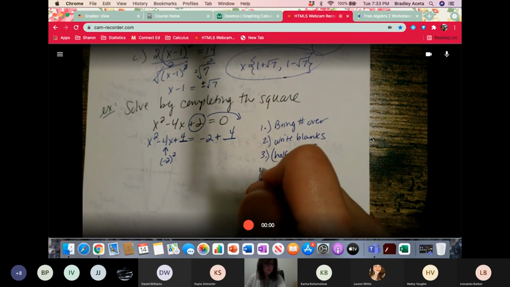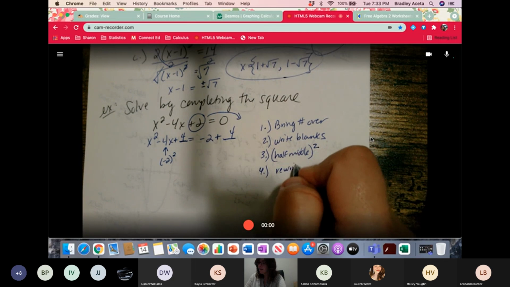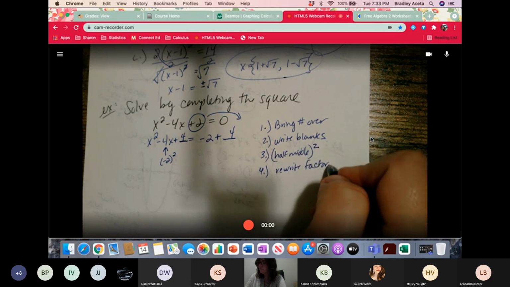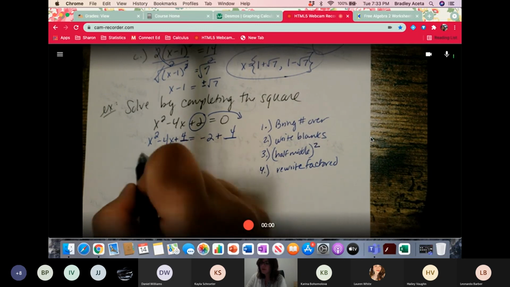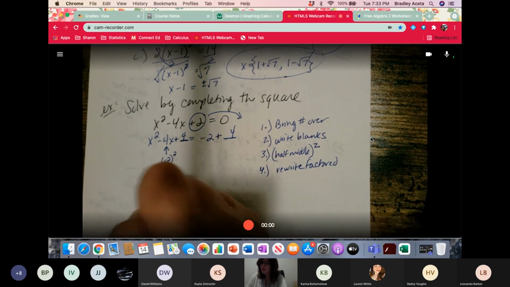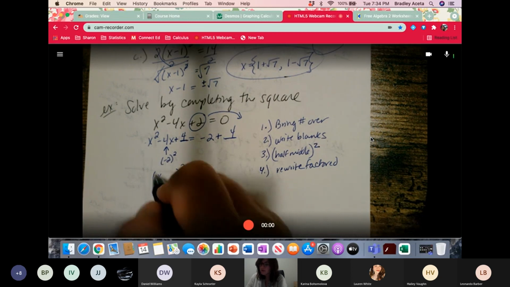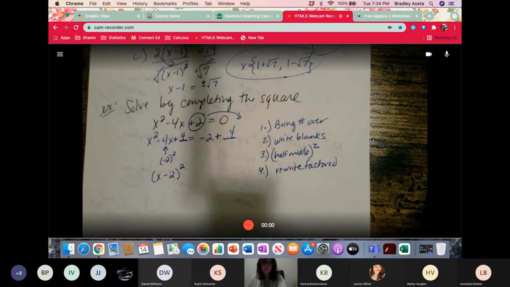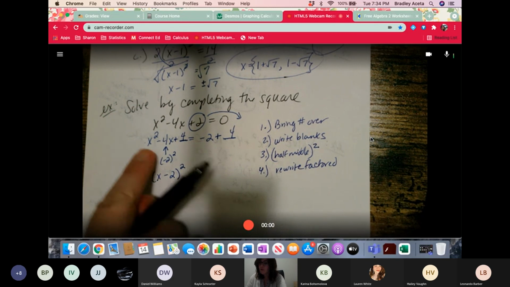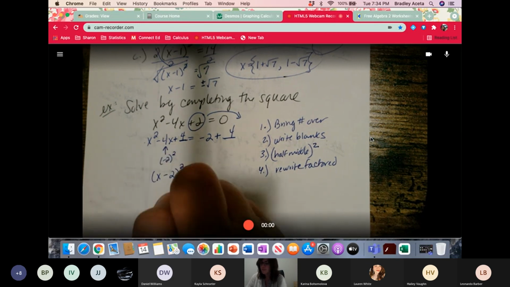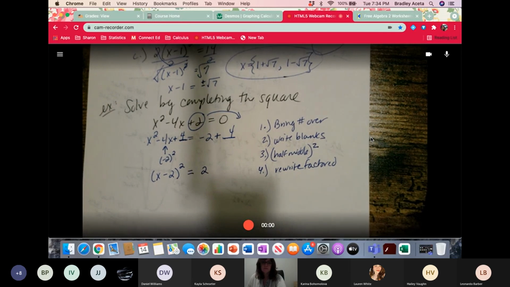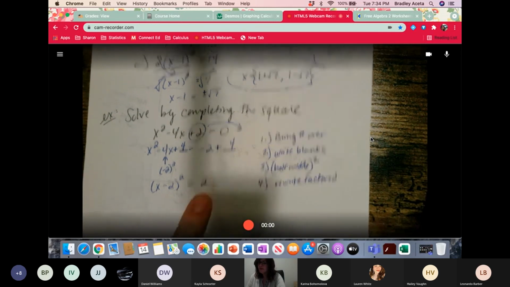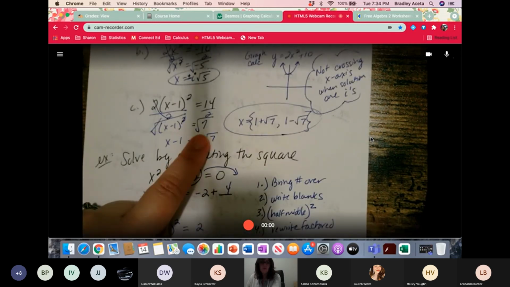Now, rewrite it in factored form. So this side would be x what squared? Whatever you took half of, negative 2. That's the factored form of that. Negative 2 plus 4 is 2. And look, that is exactly what we did up here.